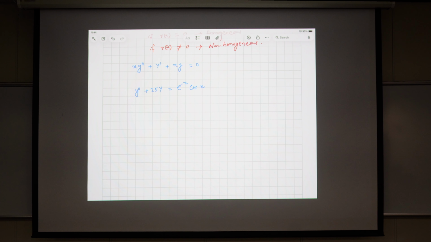So which one is homogeneous, which one is non-homogeneous? Both are second order. So this one is homogeneous and this one is non-homogeneous, right?